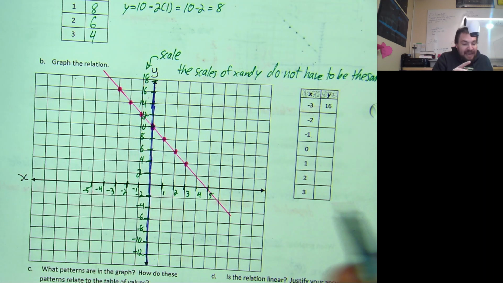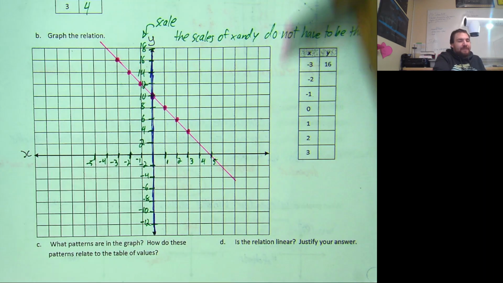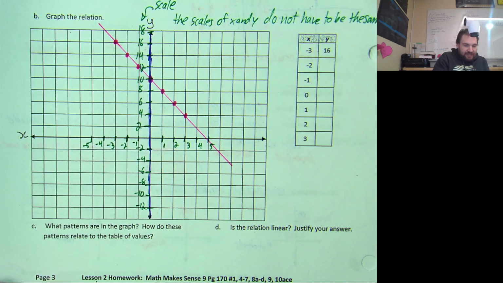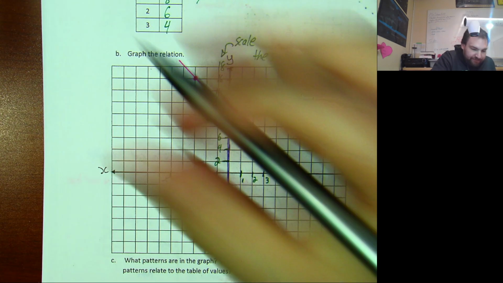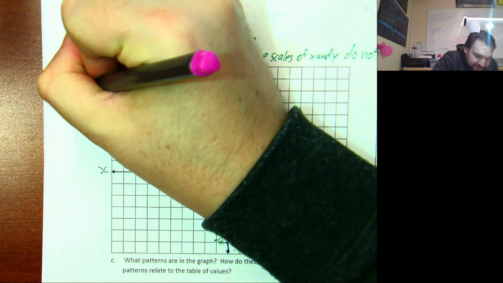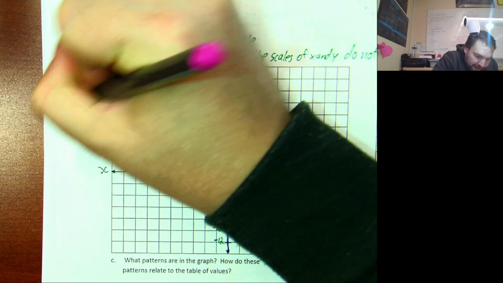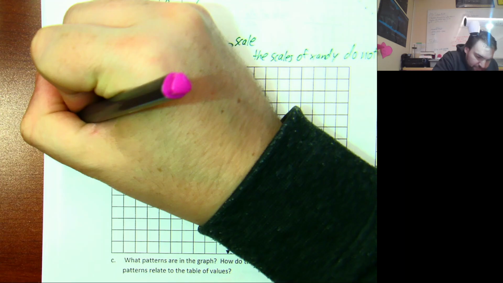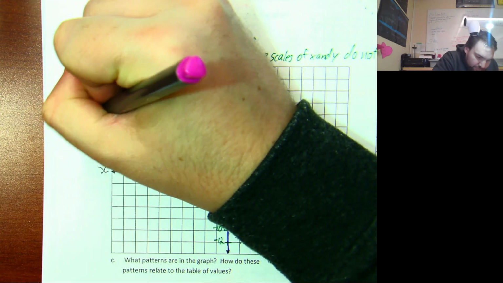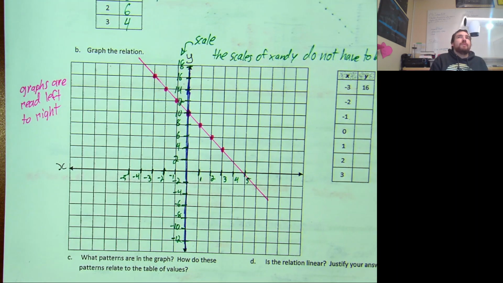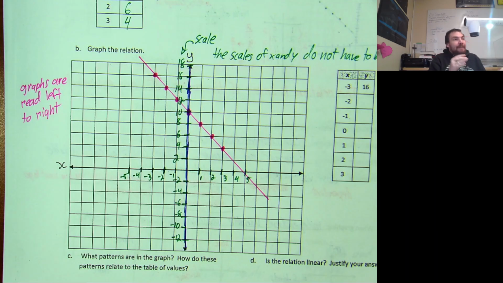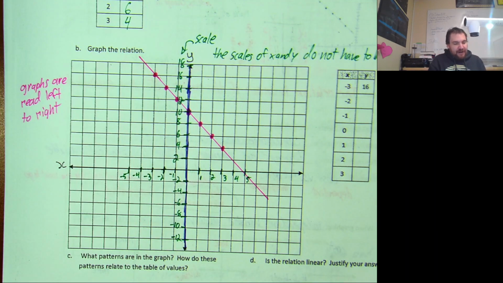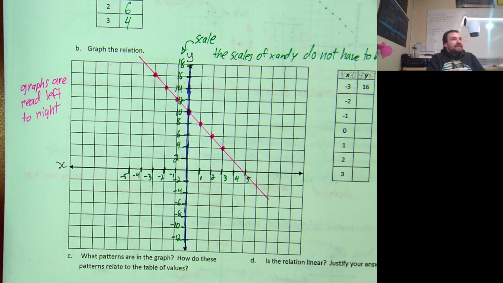I should make a point of saying here, I'll make a note on the side: graphs are read left to right. So when we're looking at graphs, we always want to say, what's happening as I move from left to right? You've just naturally done that already while we've been talking about these things, but I want to make sure that we always do that.